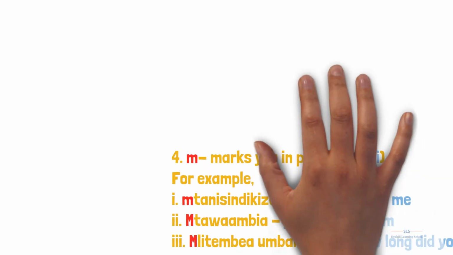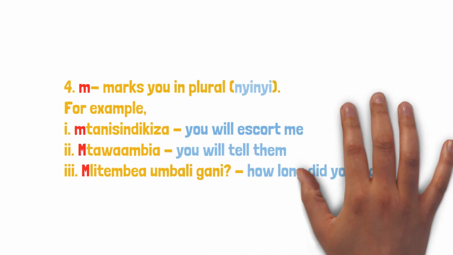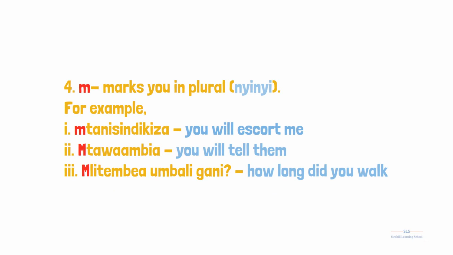Number four marks you in plural, which is nyinyi. For example, mtanisindikiza, you will escort me. So mtanisindikiza marks you in plural form. Mtawaambia, you will tell them.